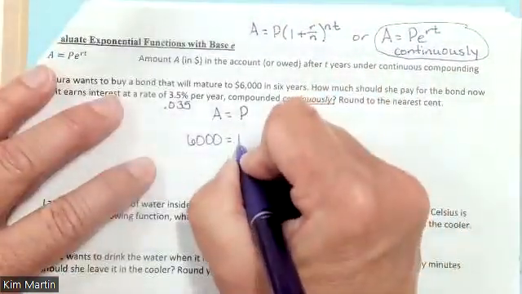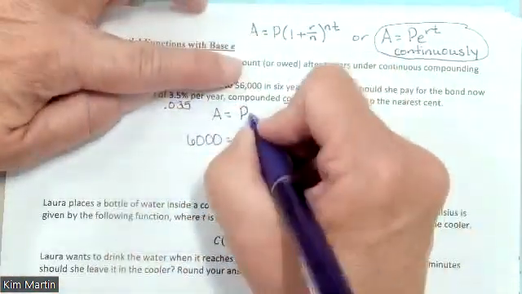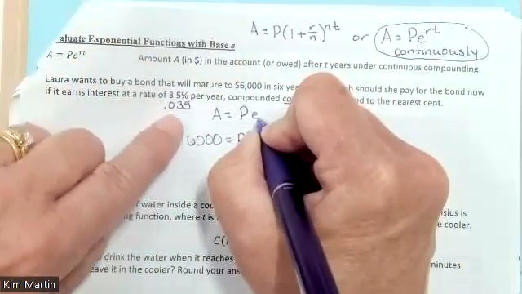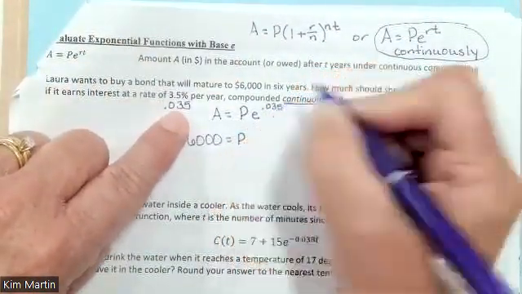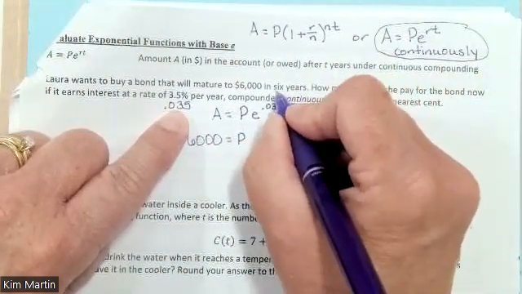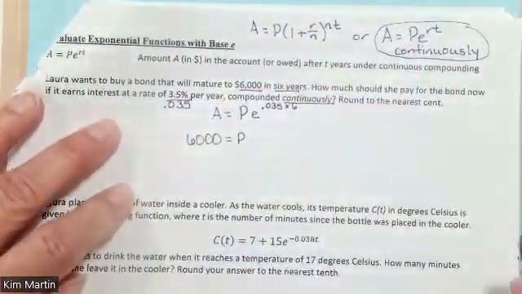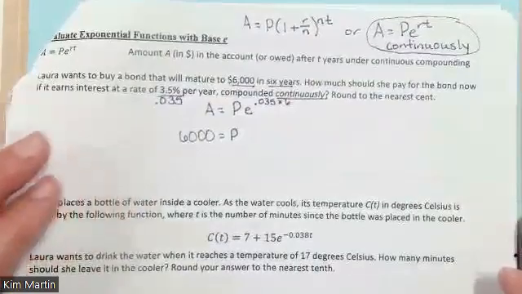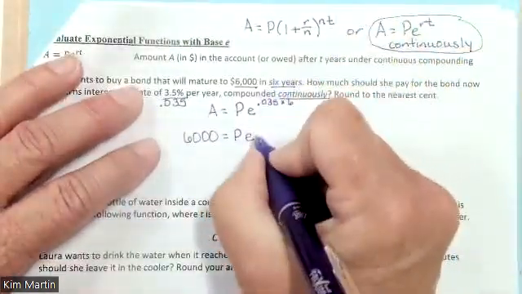That's what she wants to know. Times e raised to our rate, which is 0.035, times our time, which is 6 years. These are the three things that we need. So we have e, oops, sorry, I put that in the wrong place.